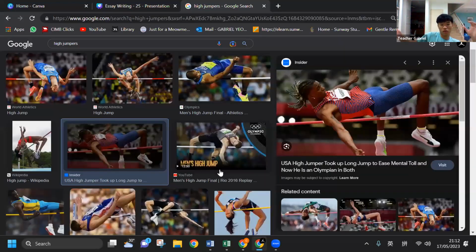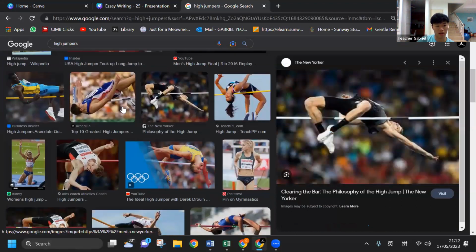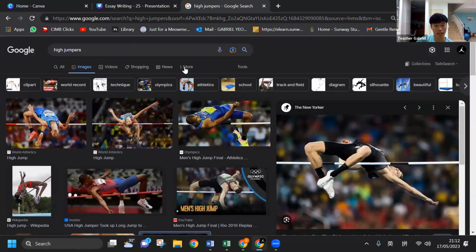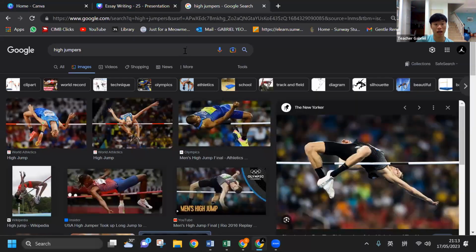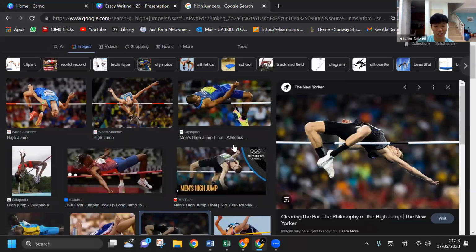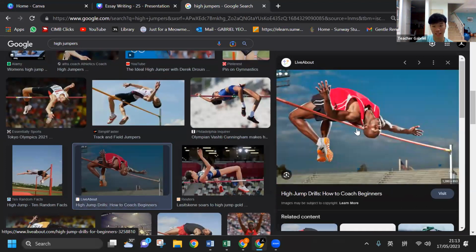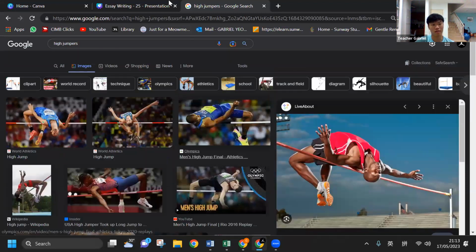I compare them to gliding like birds in flight. When they jump very high, it is like they are flying in the air.